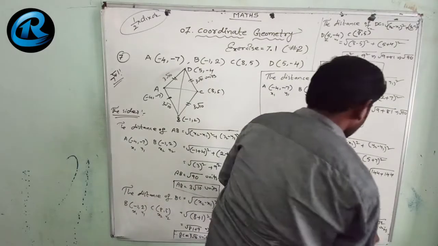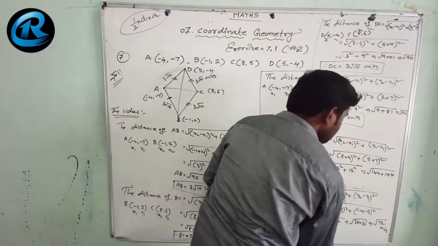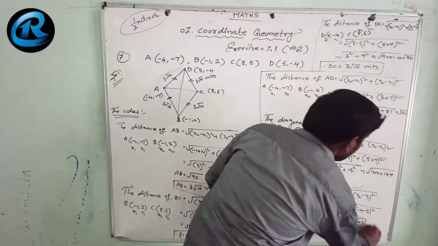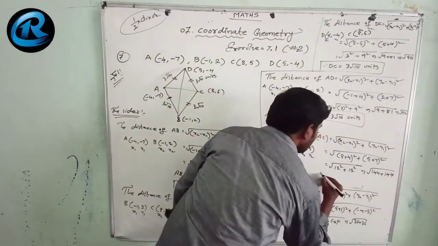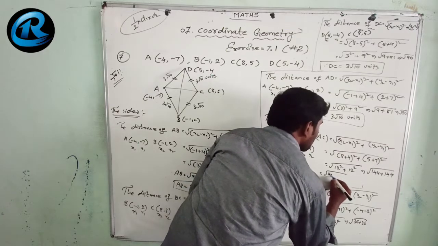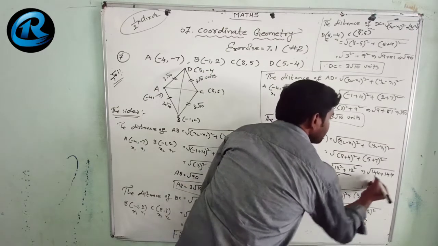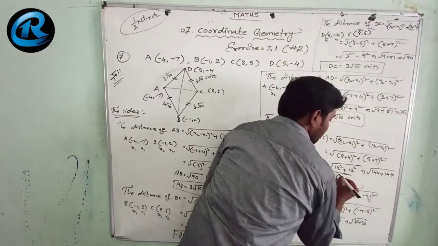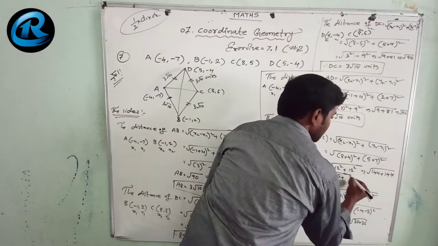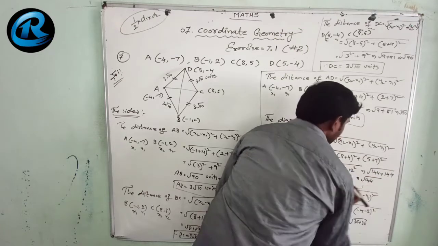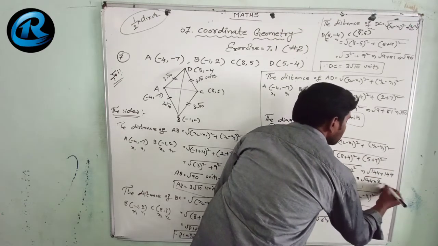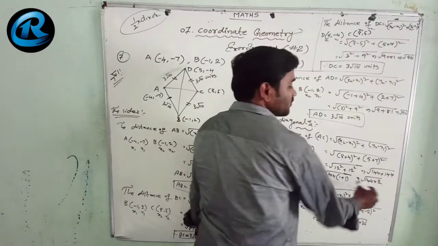I can simplify this again: under root of 144 plus 144, you take 144 out common, so 1 is left, plus 1 is left, that is equal to under root of 144 into 2.